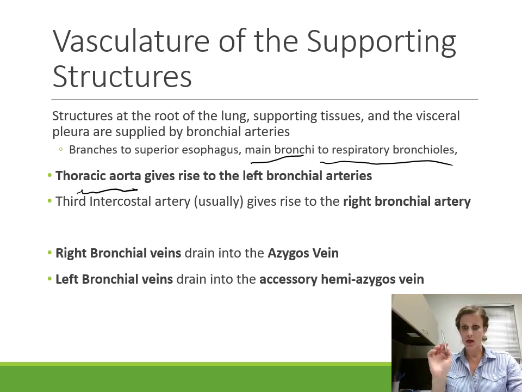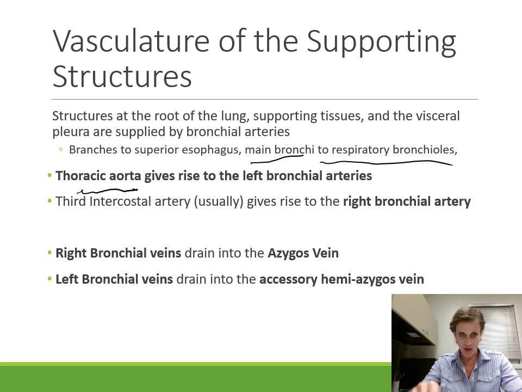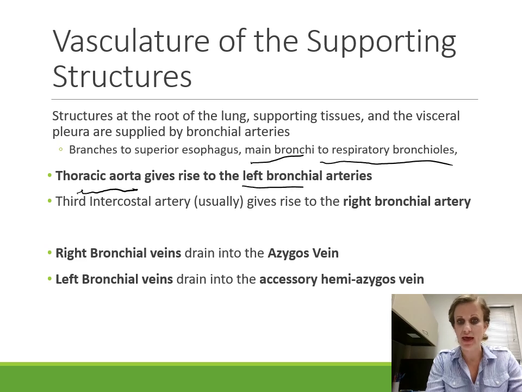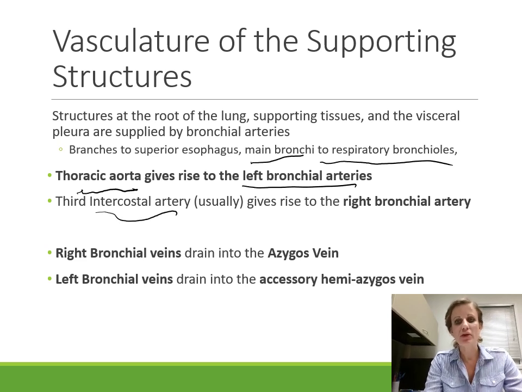We have the ascending aorta, the aortic arch, and then the thoracic aorta goes back down behind the heart. The thoracic aorta gives rise to the left bronchial artery. The right bronchial artery can come from different places. Typically, the third intercostal artery will give rise to the right bronchial artery.